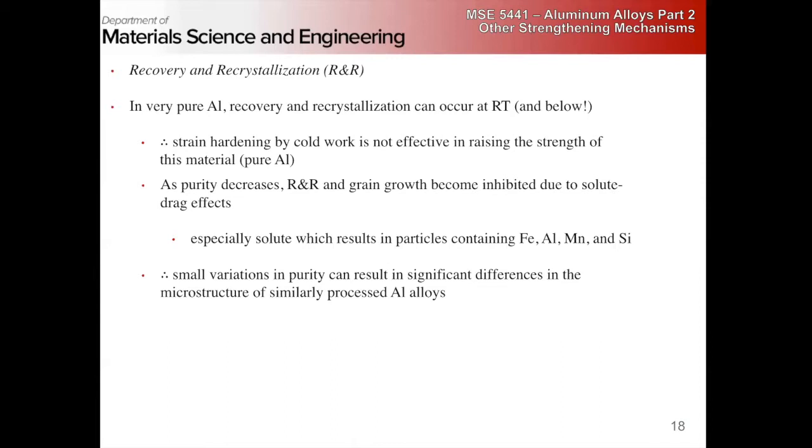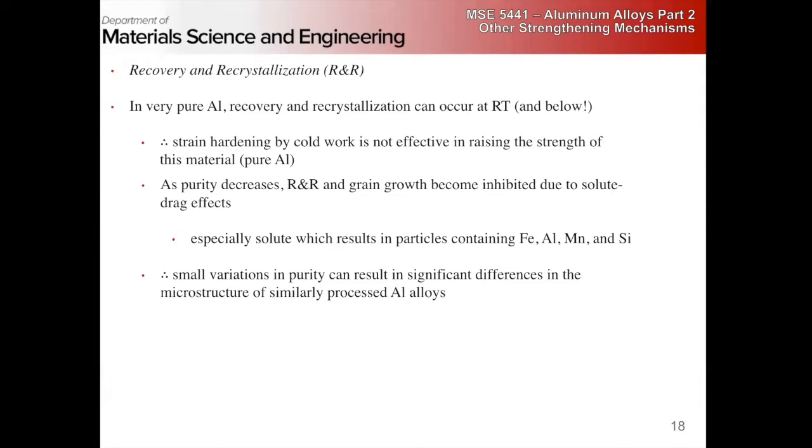So if I'm doing a compression test, I would be squishing my sample and my grains would be being refined, nucleating and growing new grains during the test, right? The grain structure that you get from linear friction welding or friction stir welding is completely dynamically recrystallized.